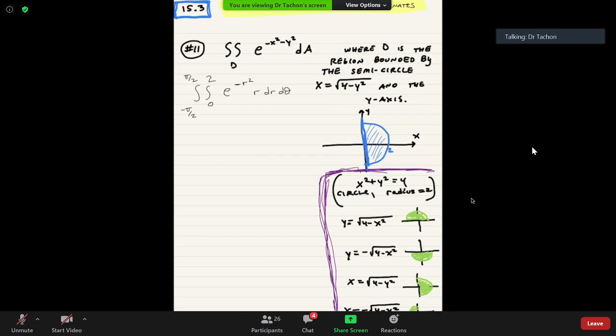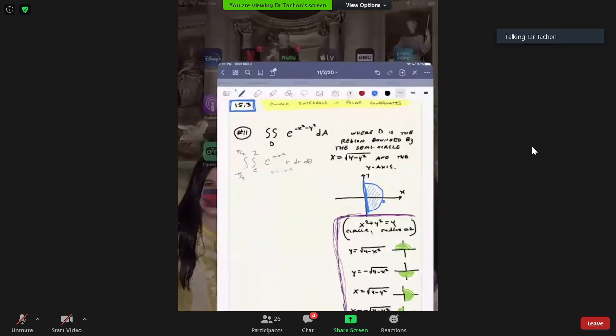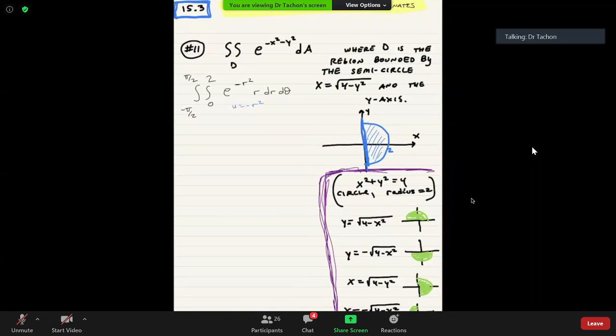Use substitution, exponential function. So let u equal the exponent. Okay, it's not writing. So let me go back and unfreeze it. U is the exponent. So du is going to be negative 2r dr. So du over negative 2r is going to be the dr substitution. So the r's are going to cancel, aren't they?